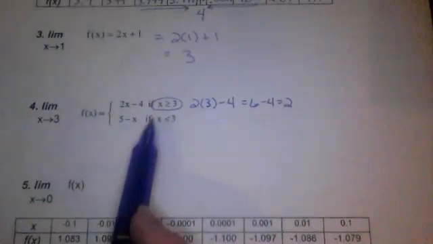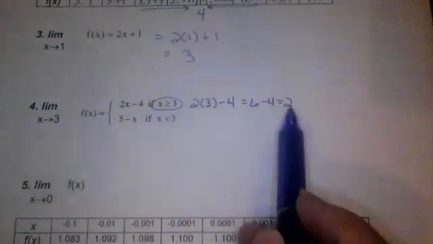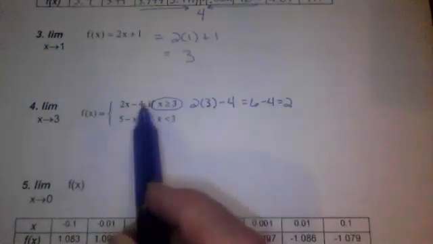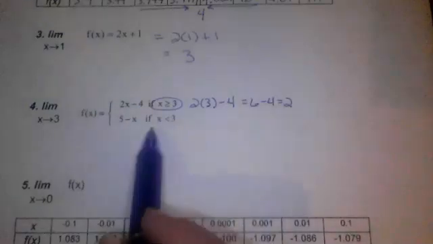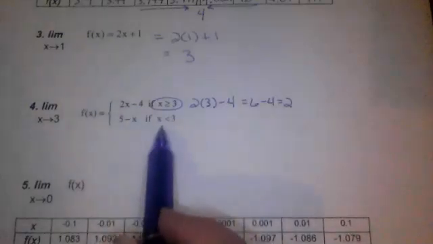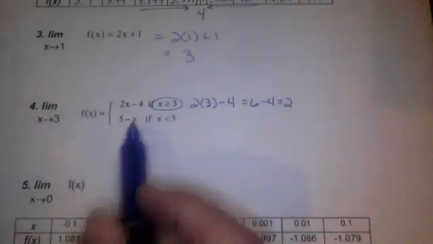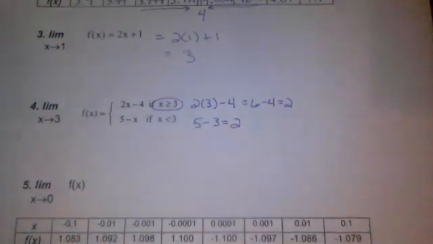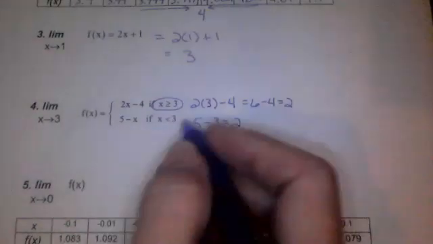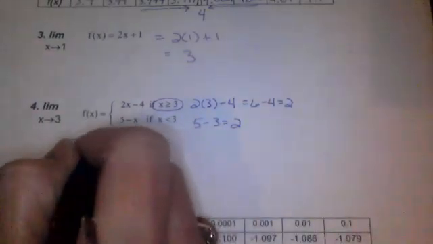If we were just looking for the value, we would just say the value is 2. We would not use this equation. But if I want to find out if they actually are approaching the same thing from the left and the right, I do need to put in the 3. So I do 5 minus 3, which is also 2. So it looks like this limit is going to equal 2.